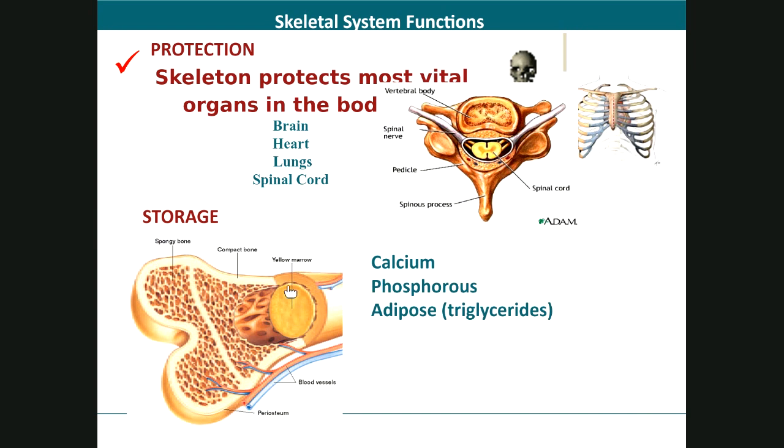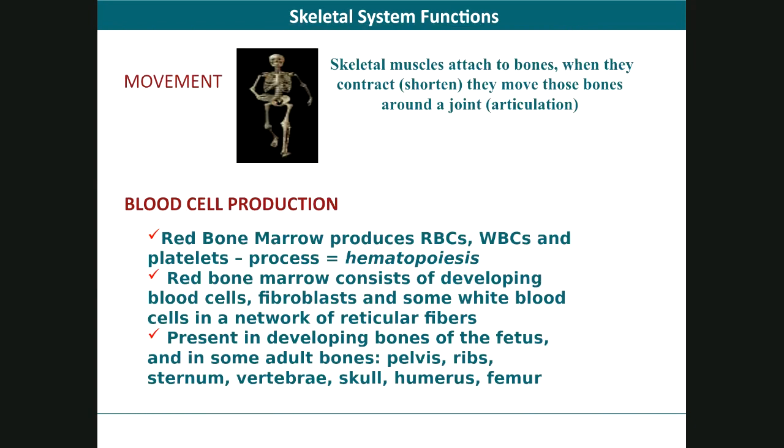Here's the medullary cavity of a long bone, and that's where we have yellow bone marrow, and this is adipose tissue or triglycerides. The skeletal muscles attach to bones, and when they contract or shorten, they allow us to move around our articulations.